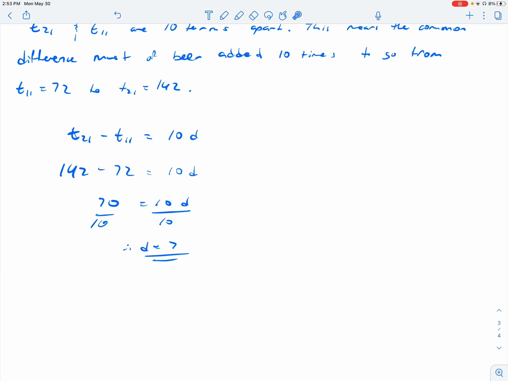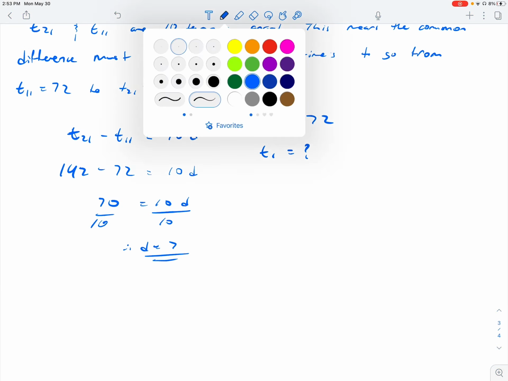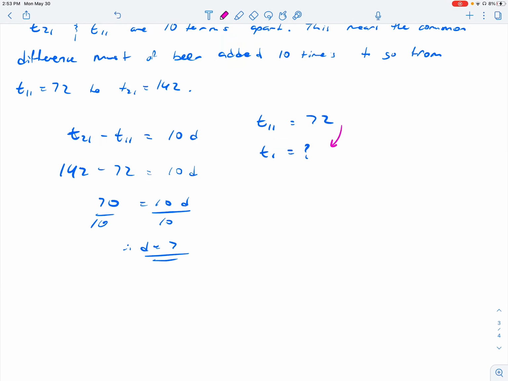Now that we know the common difference is 7, we could work backwards. T11 equals 72. So if I wanted to know what T1 was, the first term, I would have to go down 10 common differences. So this decreases by the common difference 10 times.